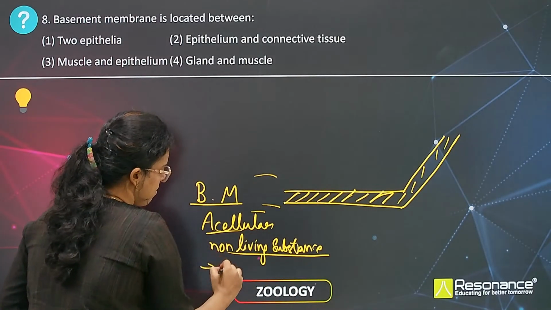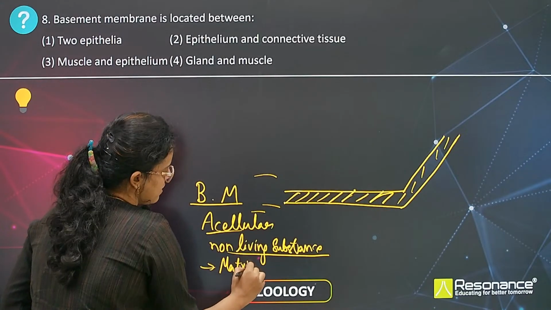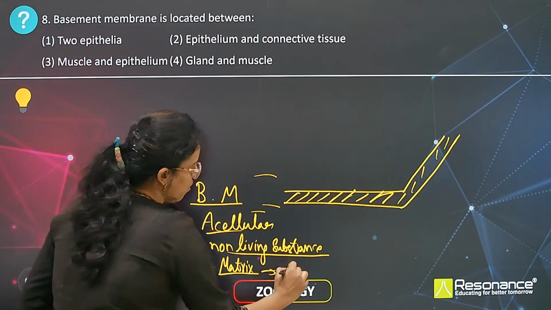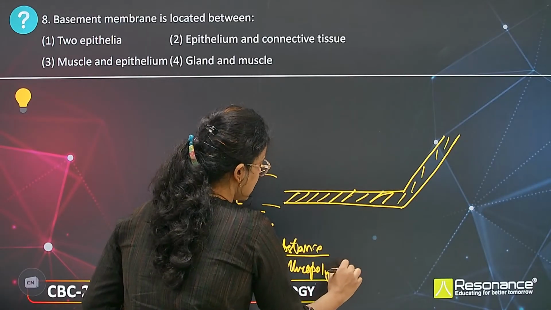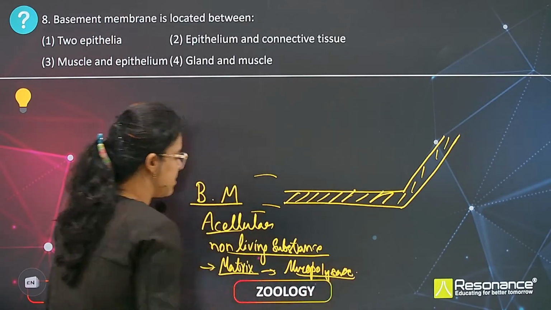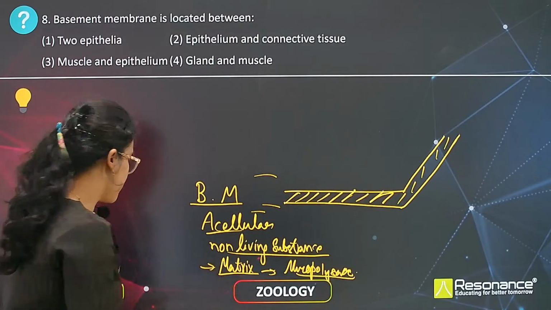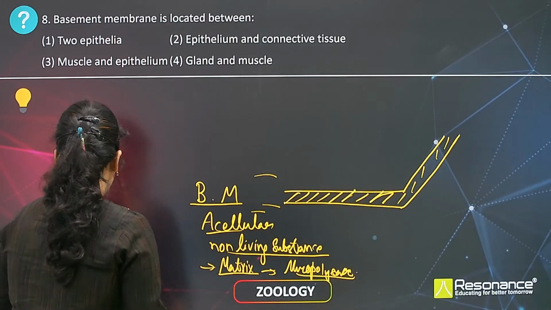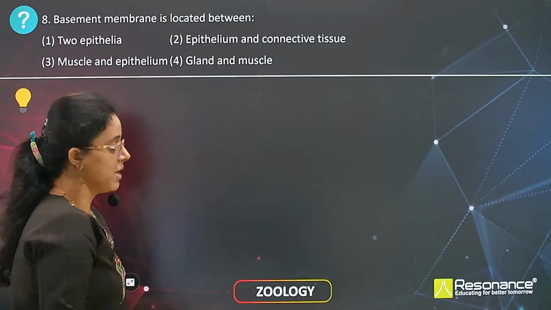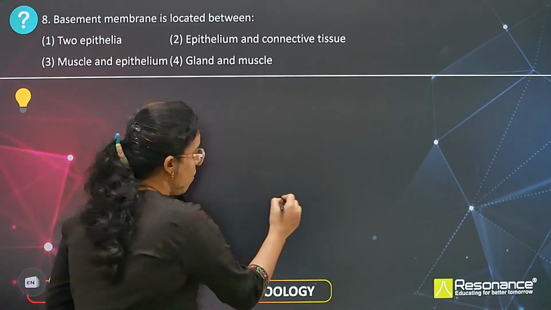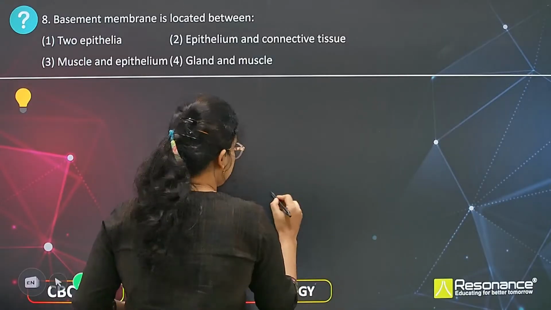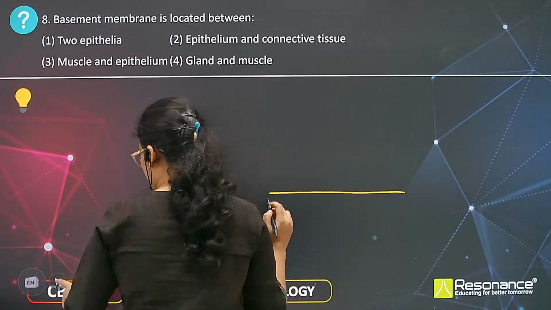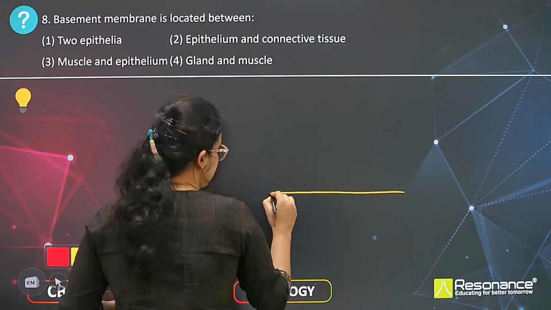It is just made up of a matrix, which purely consists of mucopolysaccharides, other proteins, amino acids, saccharides. So the mucopolysaccharides make the basement membrane, and over this basement membrane we have epithelial tissue.